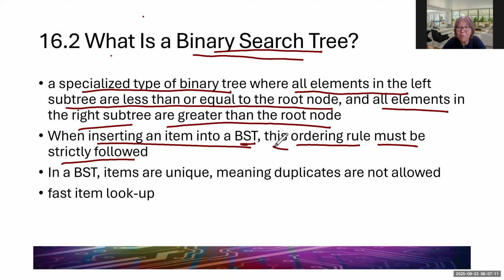This is the ordering rule for the binary search tree, so keep this in mind. Also, in a binary search tree, items must be unique, so no duplicates are allowed.